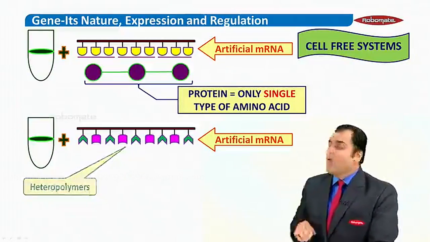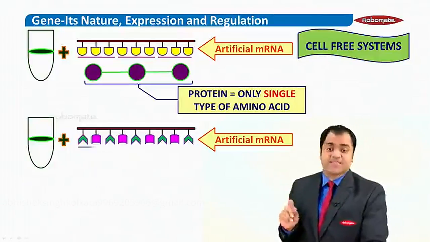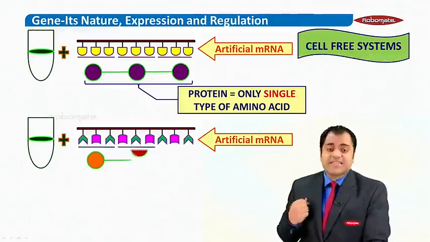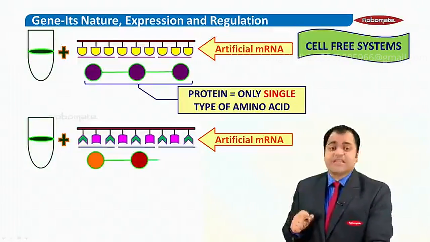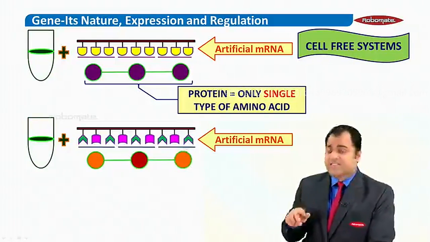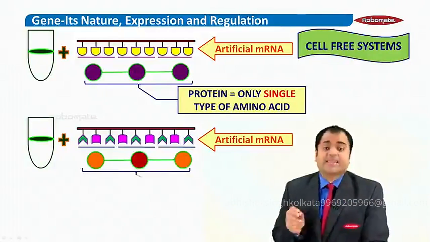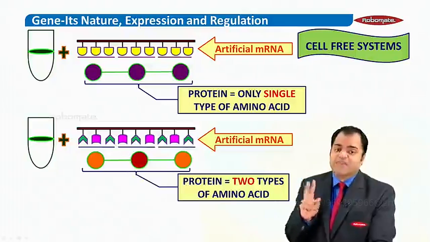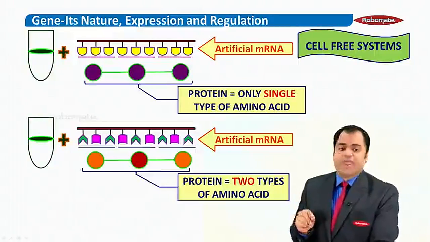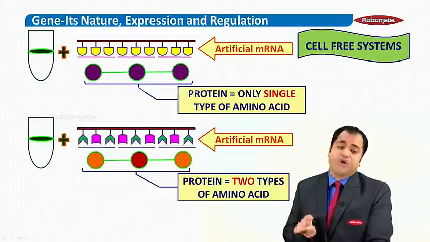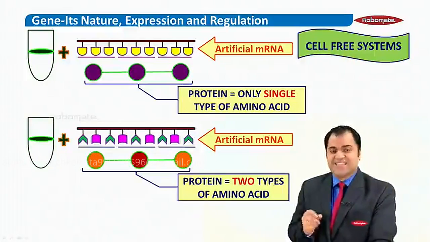Now once again, every 3 bases is going to code for a specific amino acid. The first is one amino acid, the second is a different amino acid, and the third is the same amino acid as the first one. So what they actually got here is a protein that contains 2 types of amino acid. In this way, they went on and decided which codon codes for which amino acid. Is that okay?